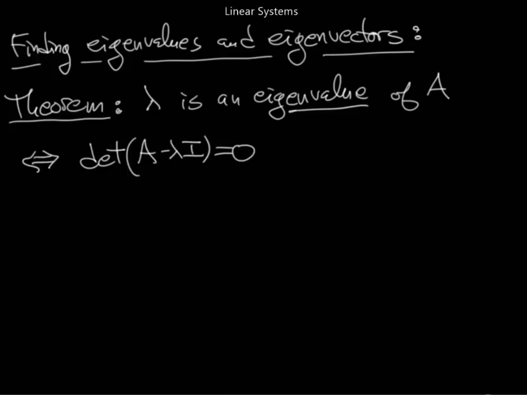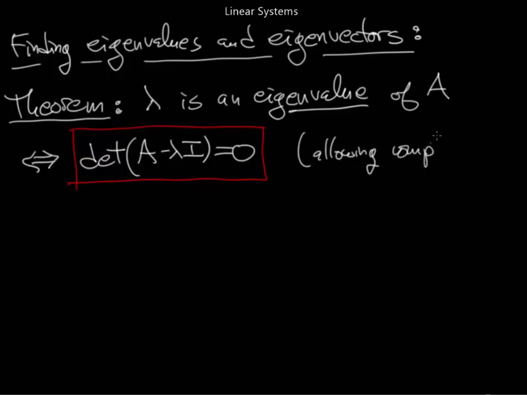That is to say, you take the matrix A and you subtract off lambda from the diagonal entries, take the determinant of that, which gives you some equation, and you figure out which lambdas make that equal to 0. And for this to be true, you need to allow complex vectors.